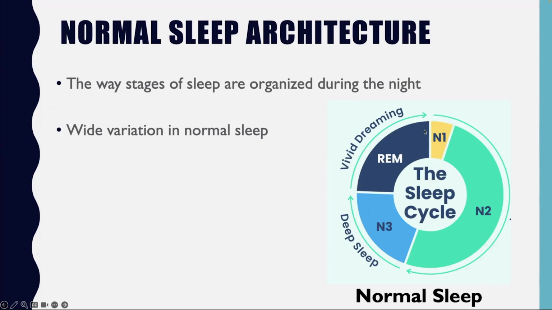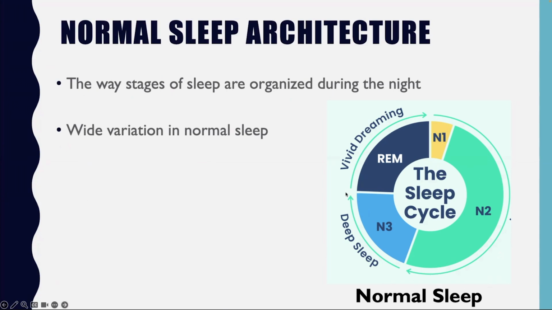Going through this, there's generally four stages of sleep. N1 is light sleep or transitional sleep, and that generally accounts for about 5% or less of total sleep during the night. Stage 2 sleep is N2 sleep, and that usually accounts for about 50% of sleep.